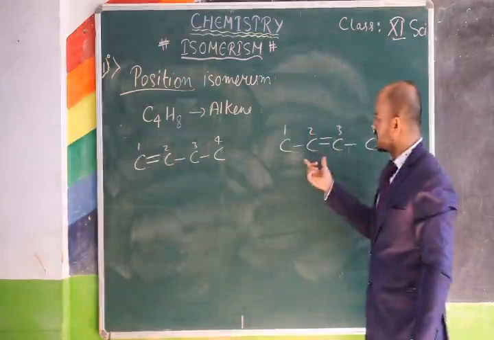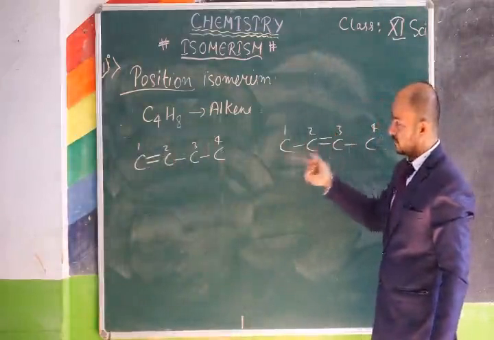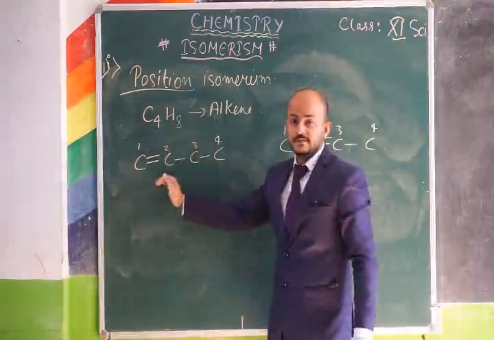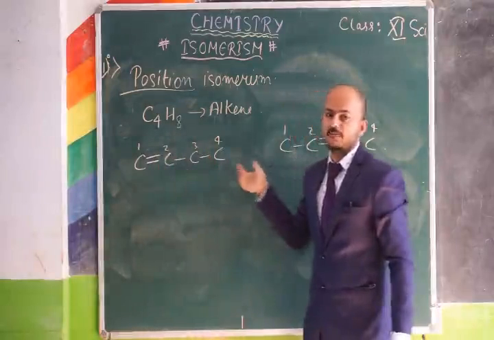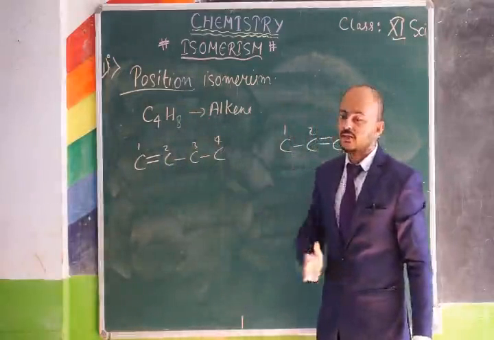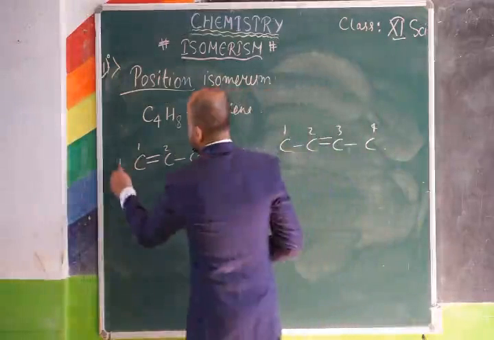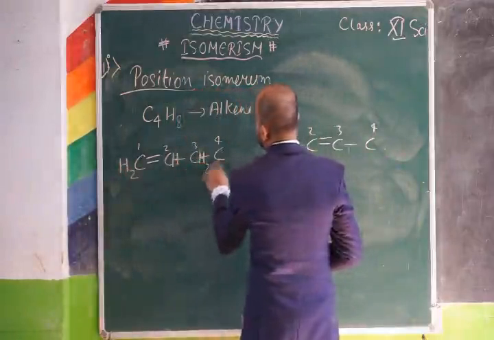But in this structure, the double bond is present between carbon number 2 and carbon number 3. Therefore, this difference in position of the double bond in these compounds will give rise to position isomerism. Okay?